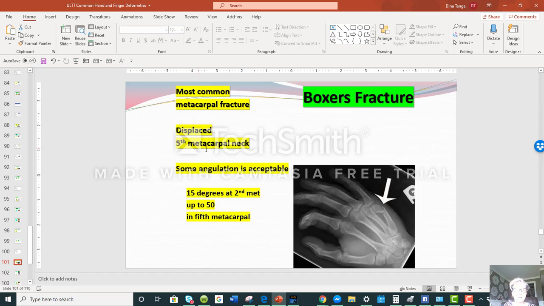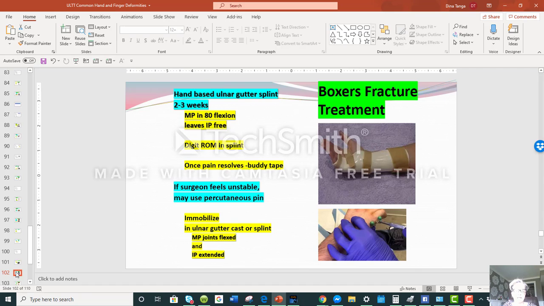Displaced 5th metacarpal neck: some angulation is acceptable, 15 degrees at the 2nd metacarpal, up to 50 at the 5th metacarpal. Hand-based ulnar gutter splint, 2 to 3 weeks.